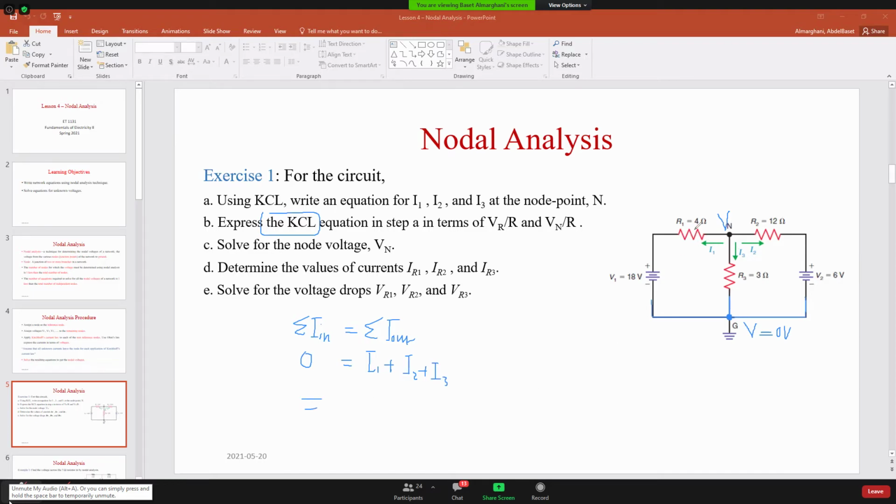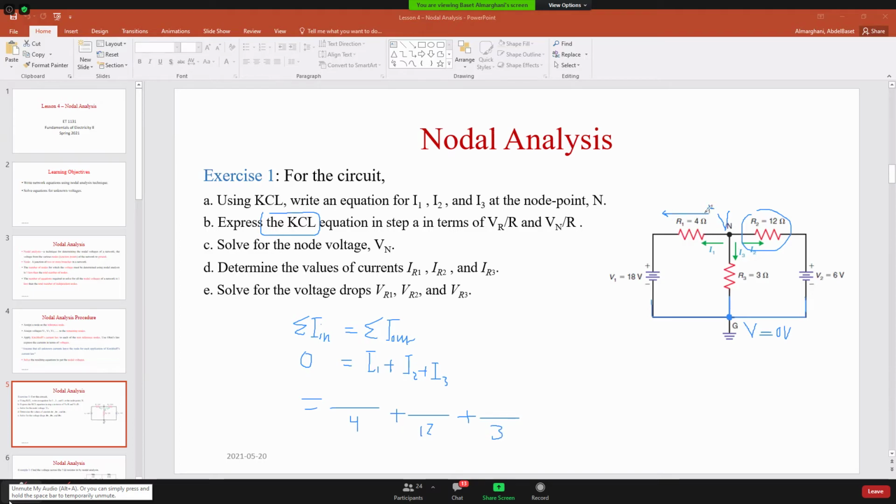Now, each current I'm going to express as a voltage divided by resistance. So the current going here is the voltage across this resistance divided by the resistance. The current going here, the voltage divided by the resistance. And the third current is the voltage divided by the resistance. Now, the voltage across the first resistance is the difference.